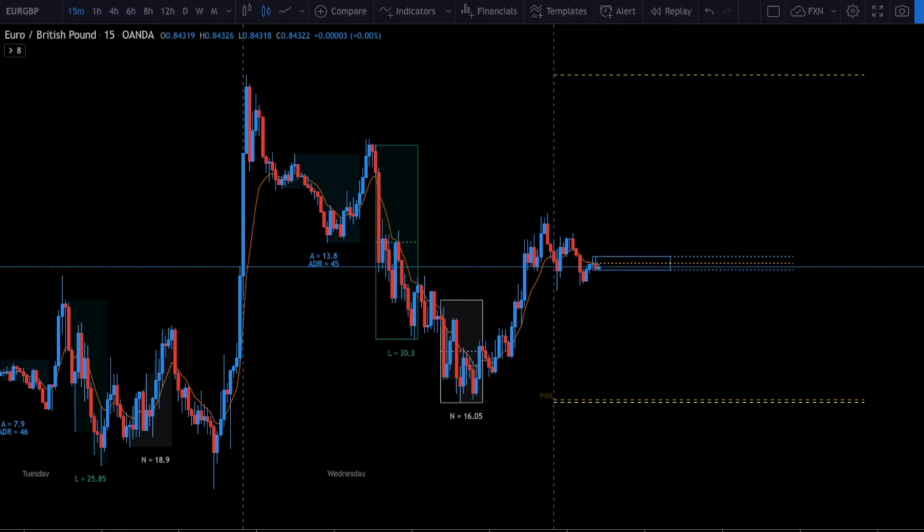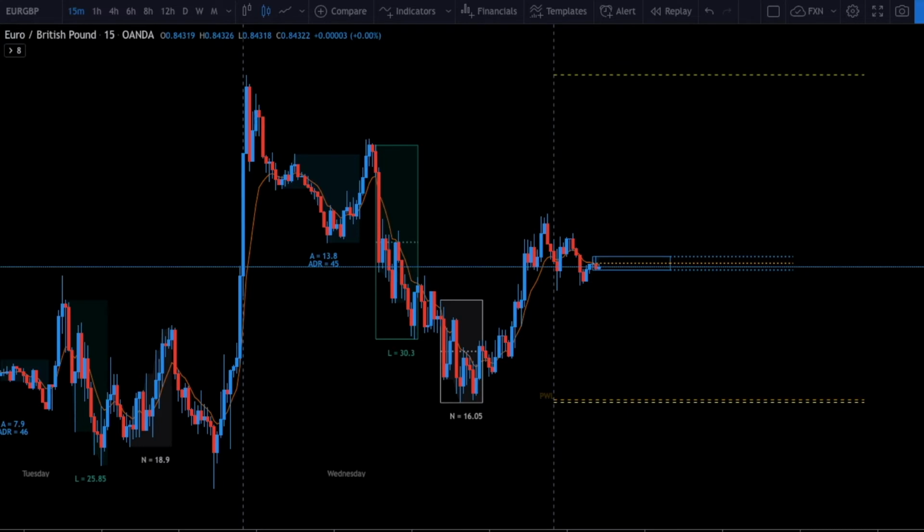You can have an average daily range that gives different numbers, really depending on how many weeks you go back to collect the data. Most of the time, you're going to be looking at a default of about maybe 10 to 15 either weeks or candles, whatever you want it to be.